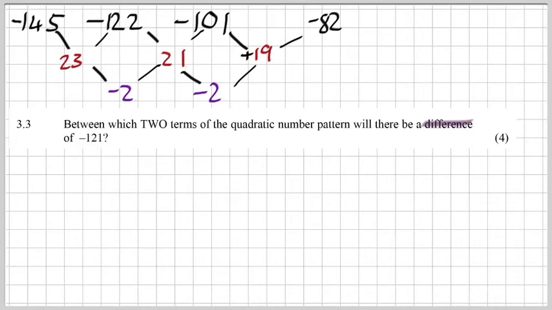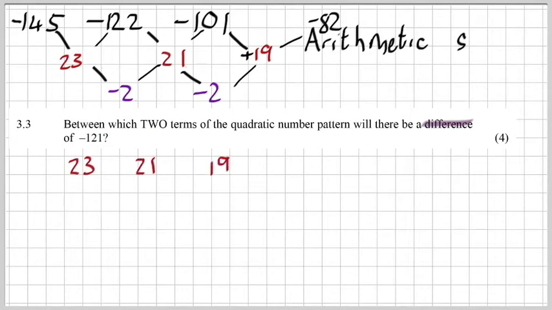When I look at this, ladies and gentlemen, a difference. So we're not just working with a normal initial term, but we are working with the difference. So what sequence are we now working with? Well, we're working with 23, 21, and 19.